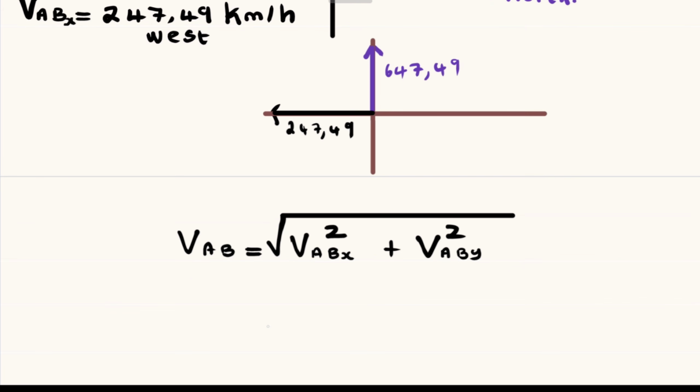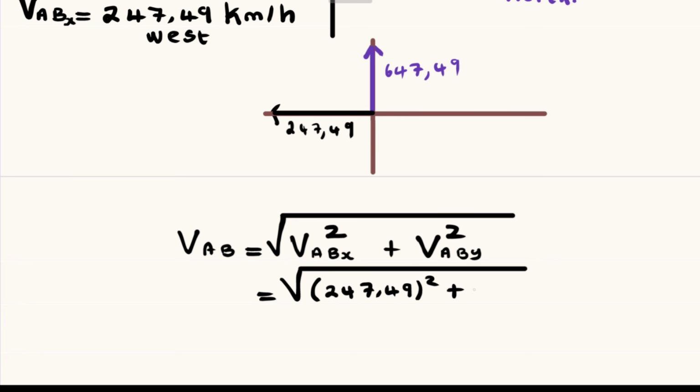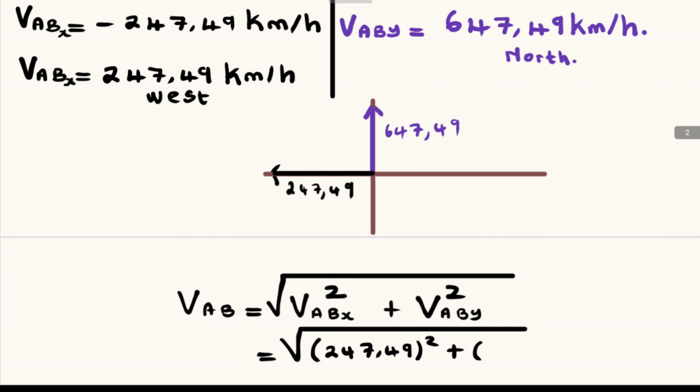This will be equal to the square root of 247.49 squared plus 647.49 squared.